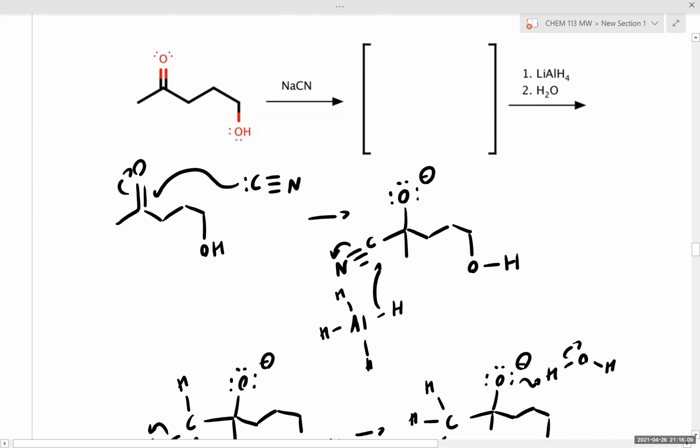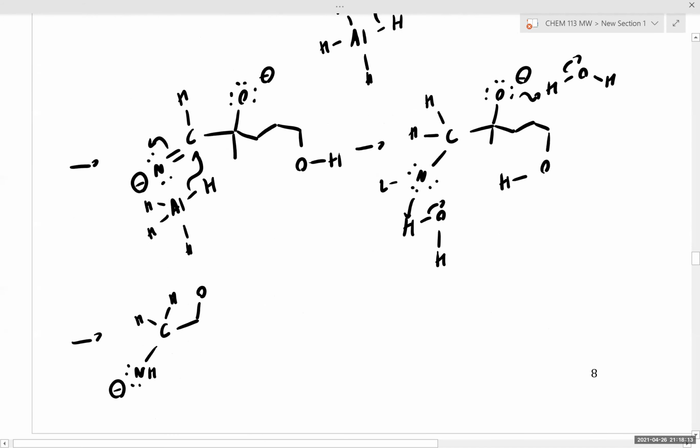So yes, it will be protonated once we add water. Does that make sense? Yeah. If you wanted, you can show this alcohol protonating your amine, but when you quench with water, any anionic species generated will be quenched out.